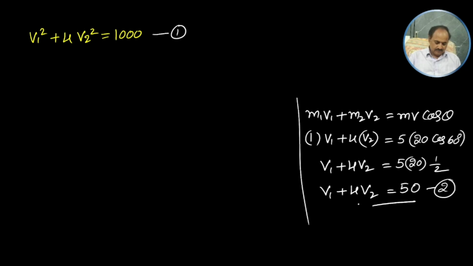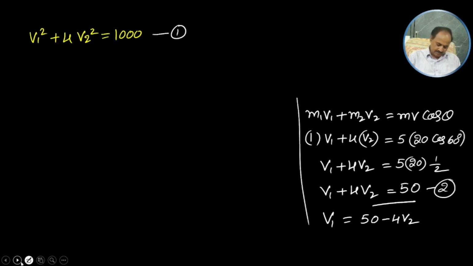For that, let us write the v1 value: v1 equals 50 minus 4 v2. But here I want v1 square.